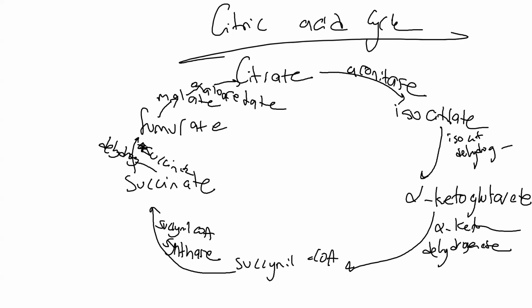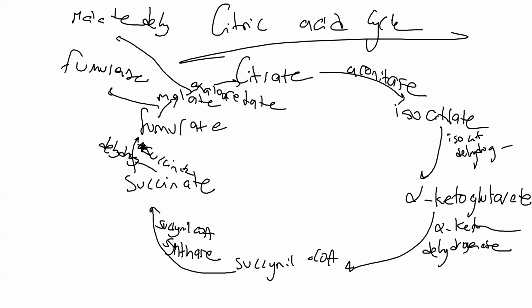From fumarate to malate, we will use fumarase. And from malate to oxaloacetate, we will use malate dehydrogenase. Just like you write the name, you add dehydrogenase, because so many dehydrogenase enzymes are used in this cycle. And from oxaloacetate to citrate, we will use citrate synthase.